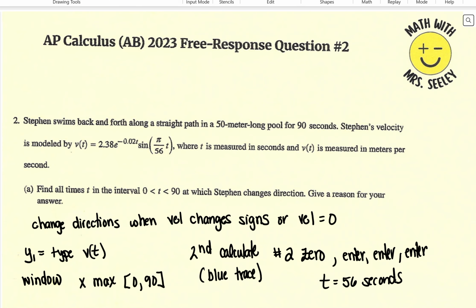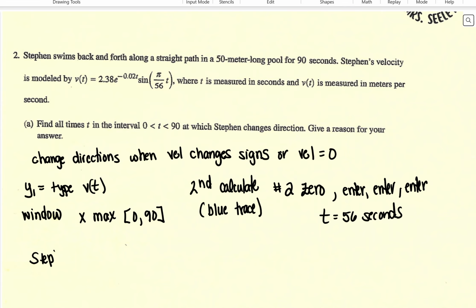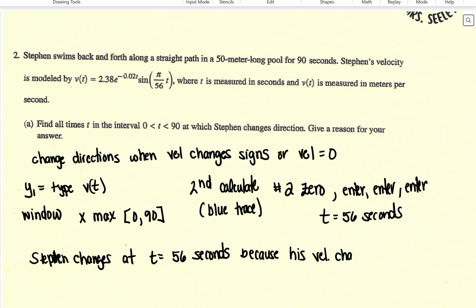So we would say that Stephen changes directions at t equals 56 seconds because his velocity changes signs, or equals 0 if you want to say it that way.